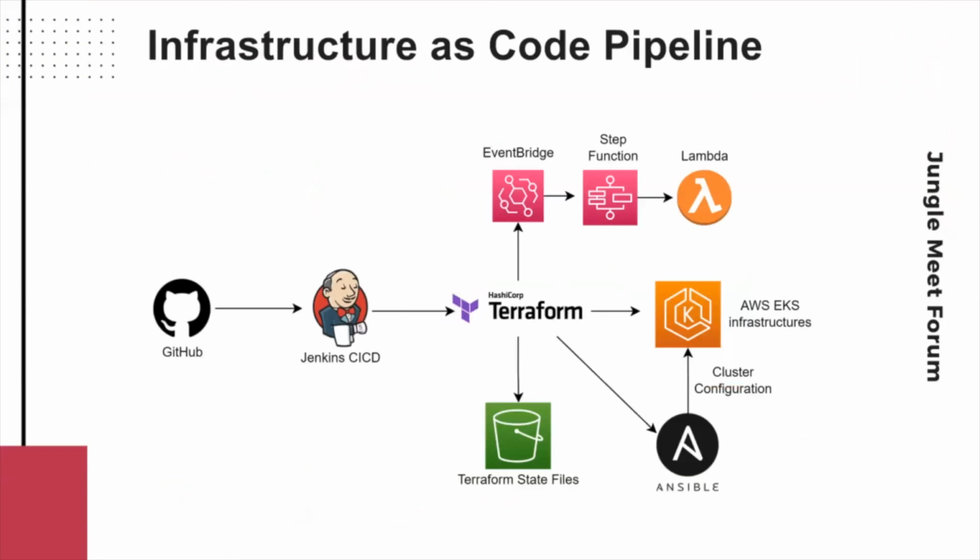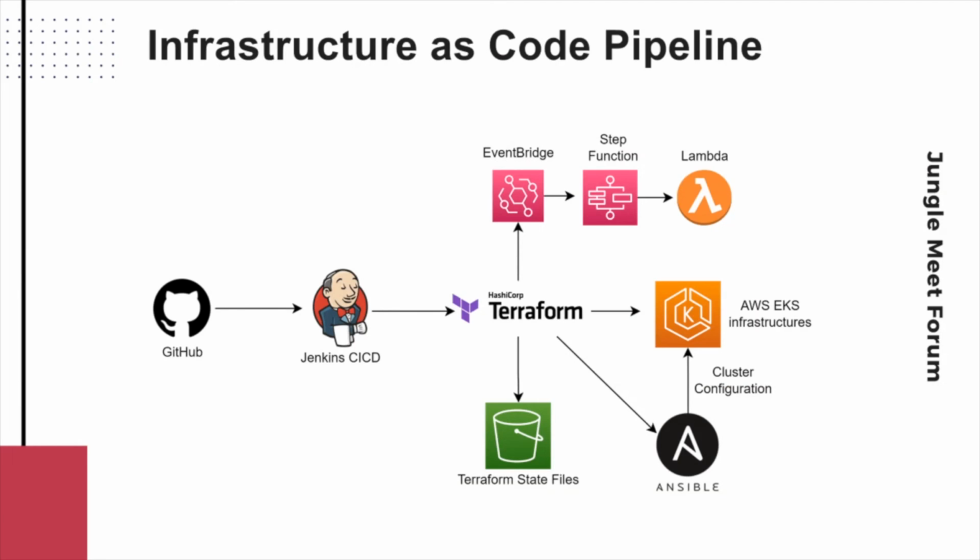Thanks, Cass. So we also have our infrastructure as code, which is Terraform, in the CI/CD pipeline. It updates the previously mentioned infrastructure whenever a pull request is merged or pushed. We use Terraform to launch not only the basic structures, for example, VPC, subnets, internet or NAT gateway, even the EKS cluster, node group, etc., but also to set up EventBridge to trigger two Lambda functions linked with the Step Function, which I'll go through in a bit more detail later in the slides.